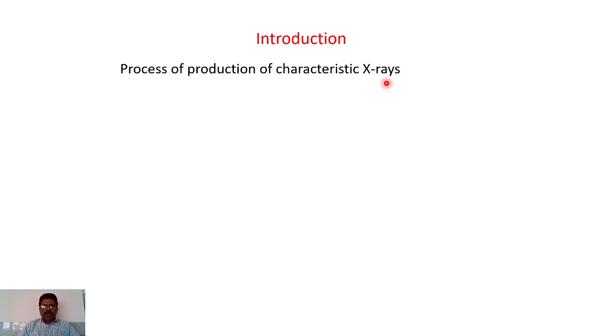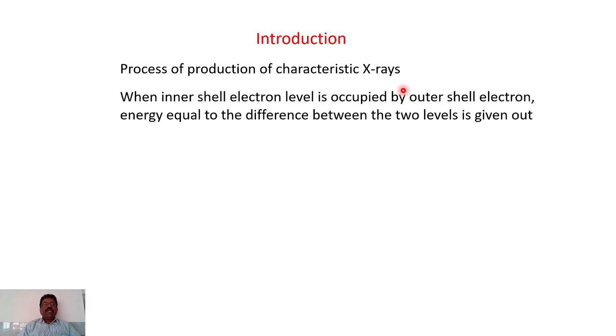This energy release may be utilized to make another electron free from the outer shell. The electron released or emitted in this manner is called an OJ electron.